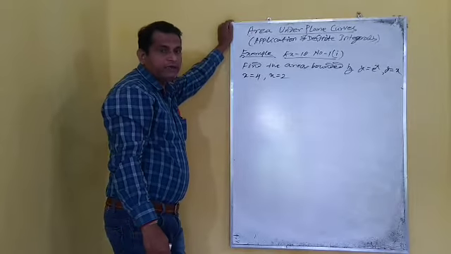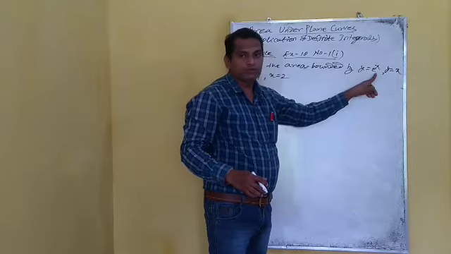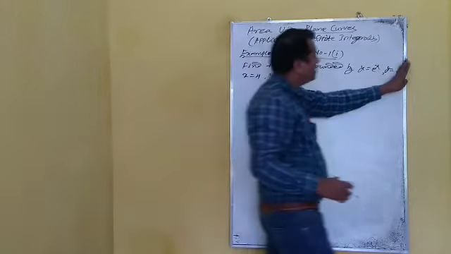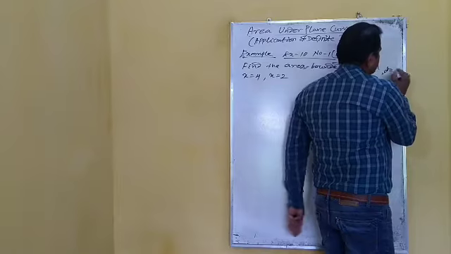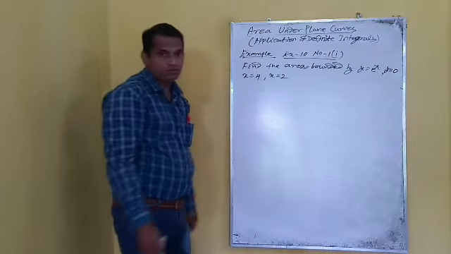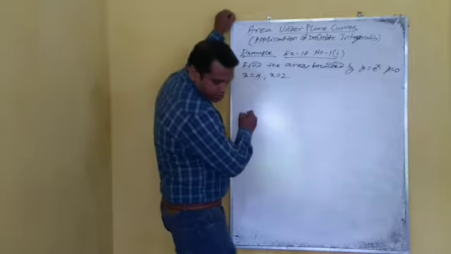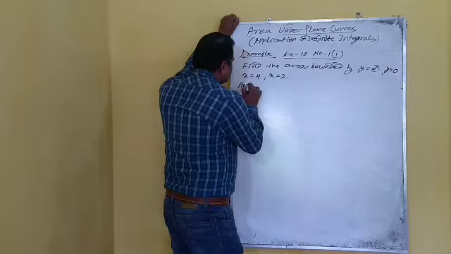We have to find the area bounded by this curve y is equal to e to the power x, the x axis, and the abscissae x is equal to 2 and x is equal to 4.